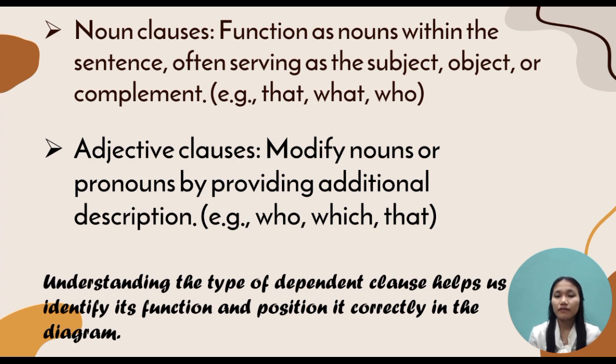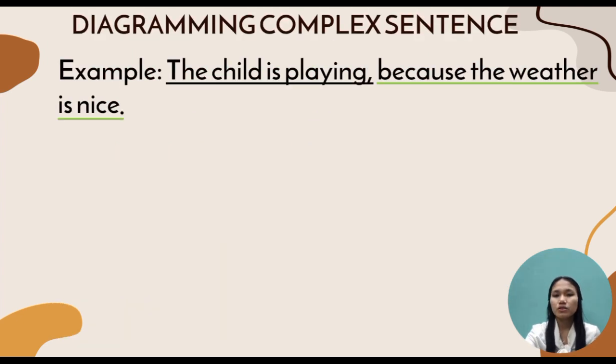For example, that, what, or who. Next we have our adjective clauses. Adjective clauses modify nouns or pronouns by providing additional descriptions, for example, who, which, and that. So always remember that understanding the type of dependent clause helps us identify its function and position it correctly in the diagram.